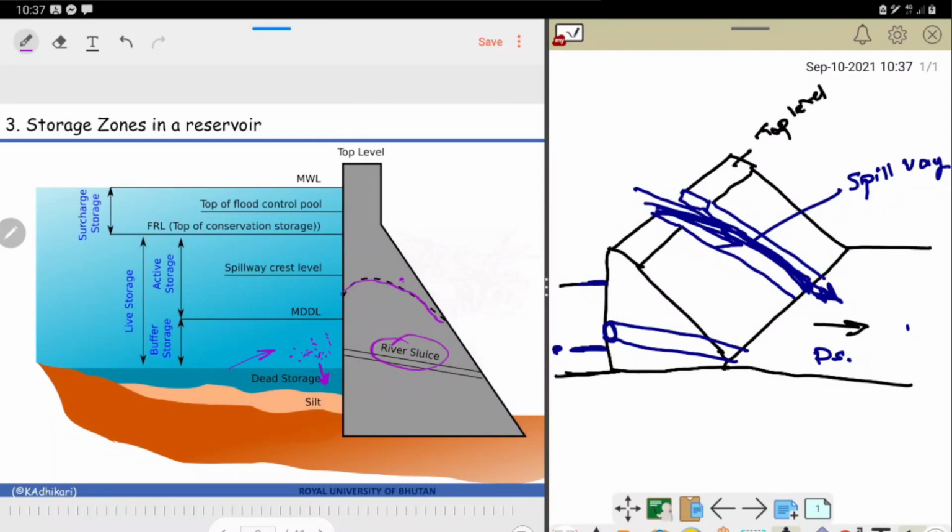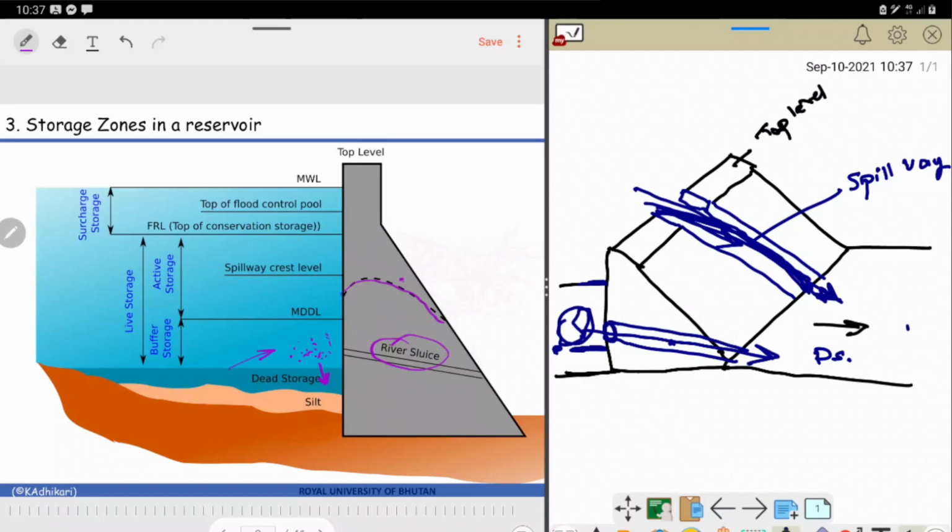So to not let that happen, we provide a sluice gate. Now look here in this diagram. This water that contains massive sediment is flushed out. That is the main function of a river sluice, and it is just above the dead storage, at the top level of the dead storage.